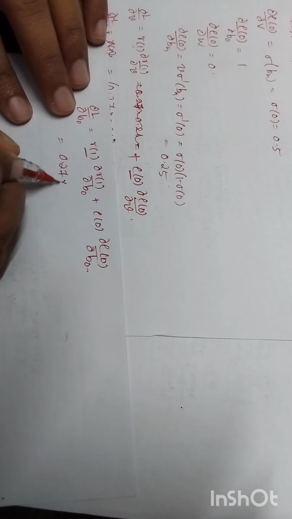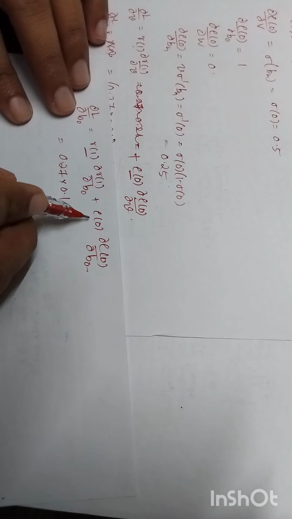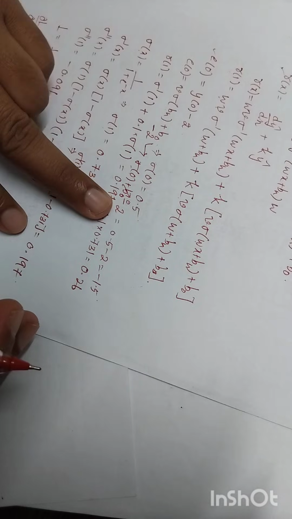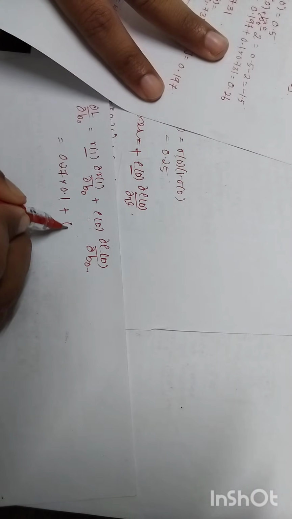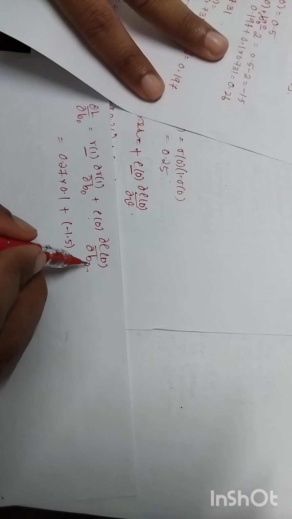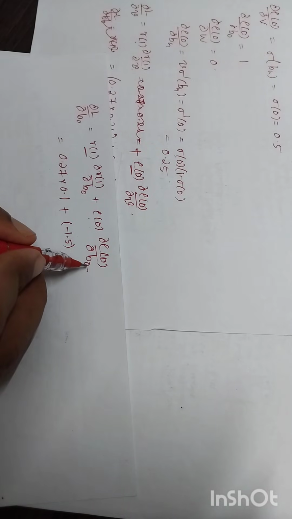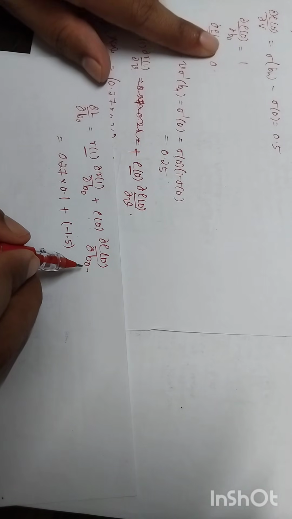Plus the E0 value, which we just calculated, is minus 1.5, into dE0/dB0. dE0/dB0 is 1.